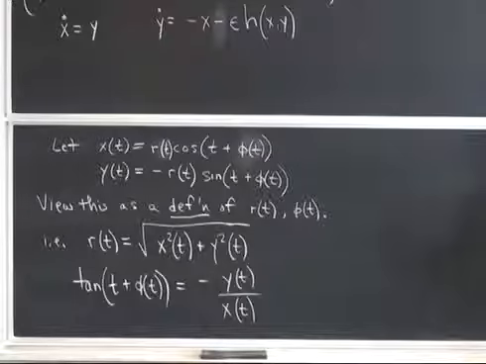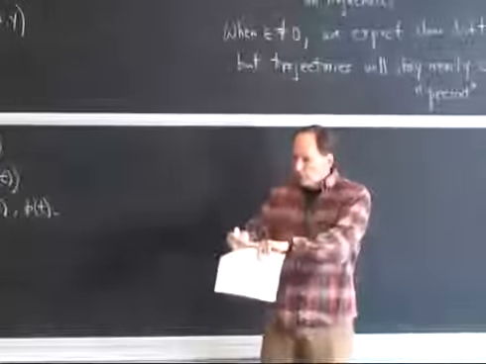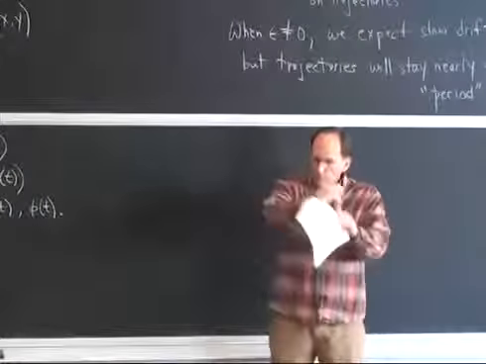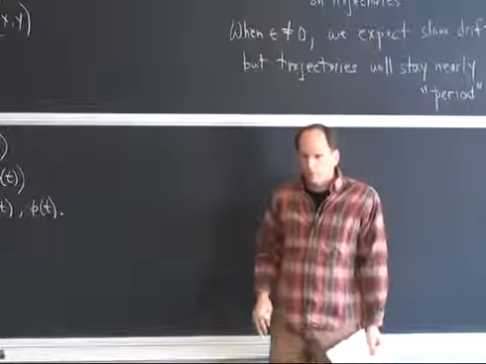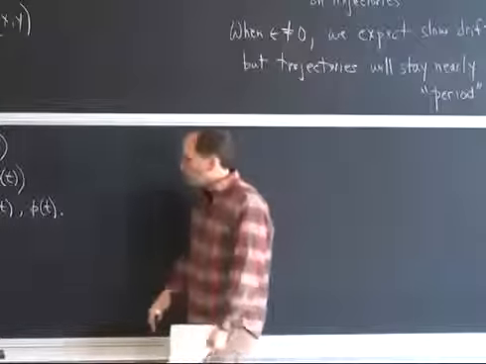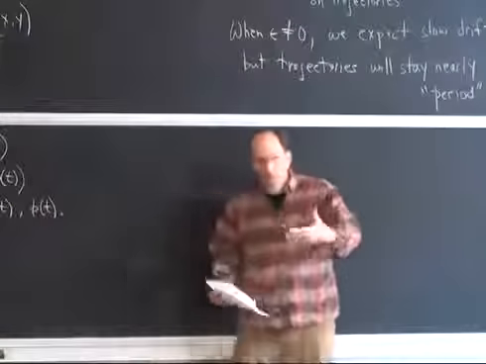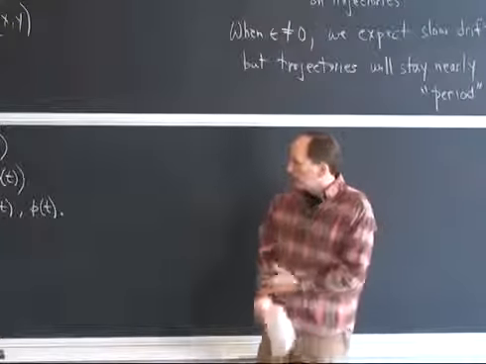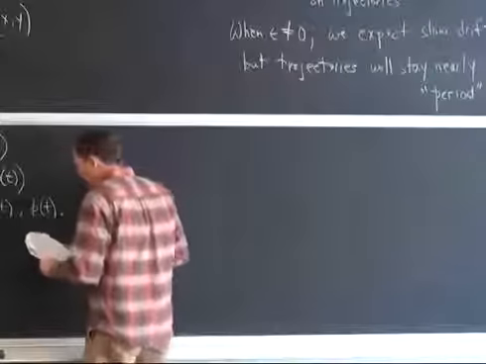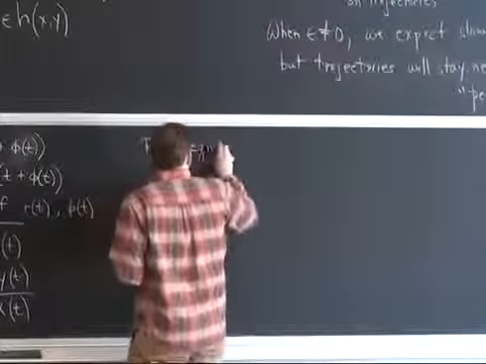If you imagine two problems, one with epsilon 0 and one with epsilon not 0, started from the same initial condition, and you view what's happening from the point of view of the unperturbed system, then that will allow you to freeze out the uninteresting motion and watch the interesting part, which is the slow drift of the r and the phi. Okay, well anyway, so let's now find the equations for r dot and phi dot.